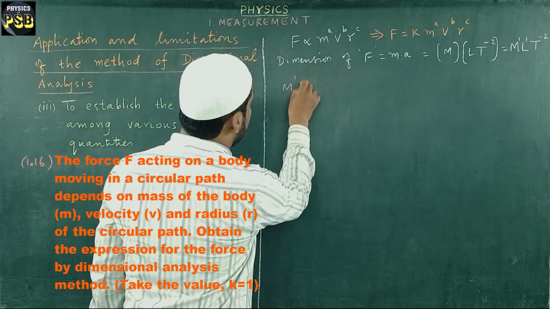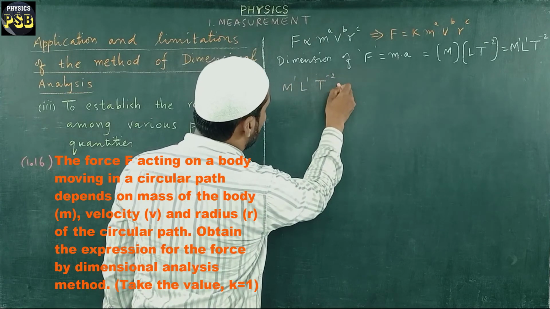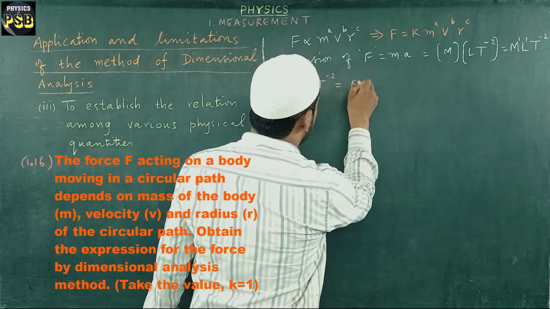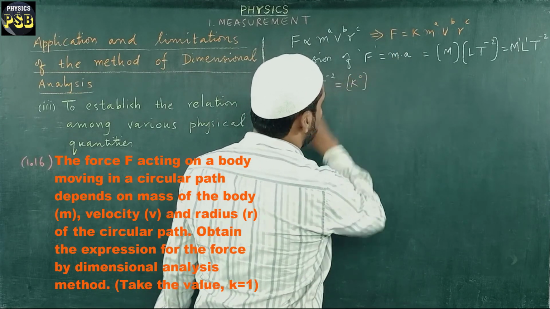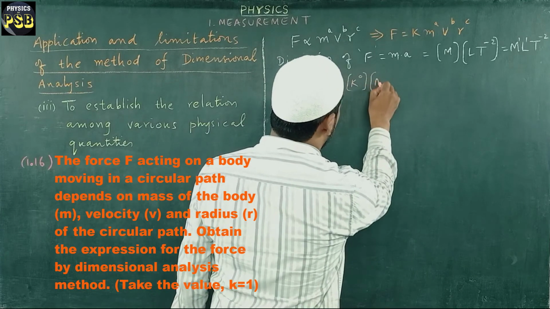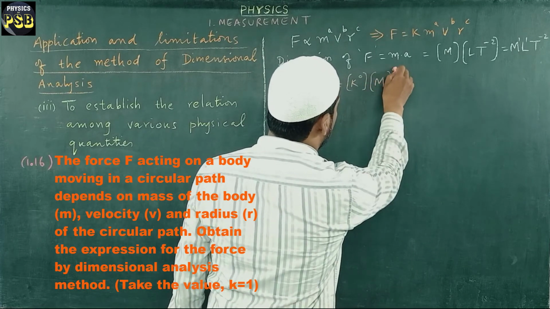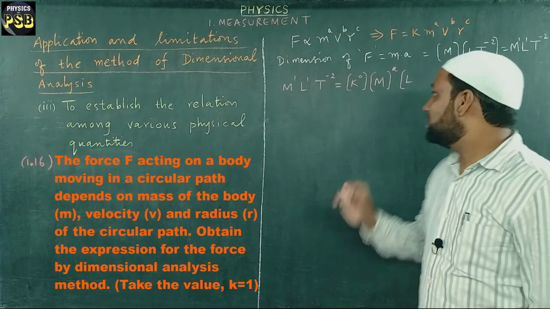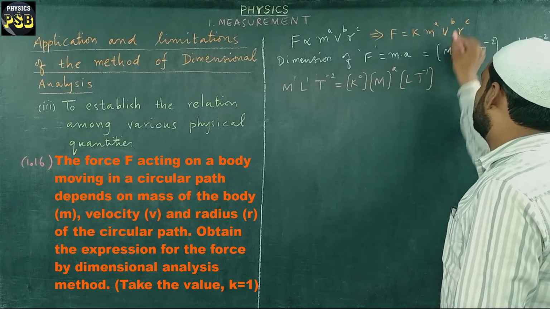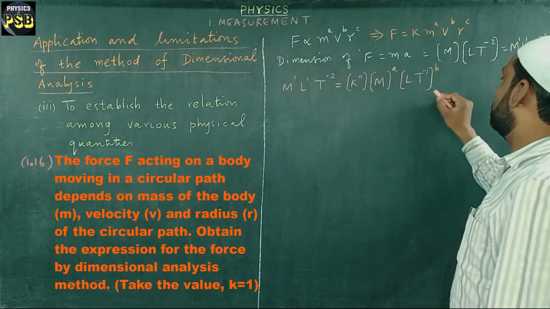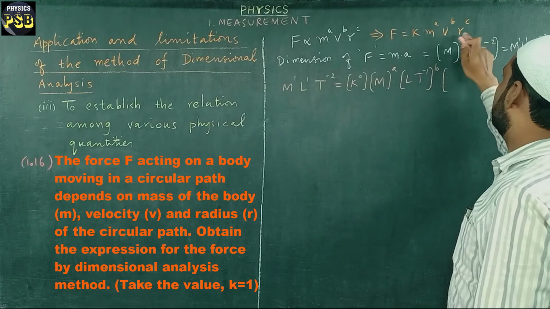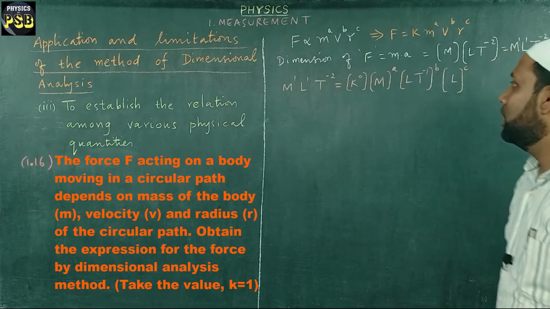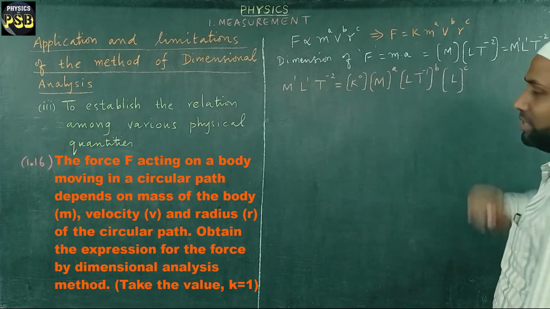M power 1, L power 1, T power minus 2 equals, here this constant is dimensionless, so K power 0. Then M power a. Then the dimension of velocity is L T power minus 1, this is raised to power b. Then dimension of radius is L raised to power c. Now I am going to simplify this.